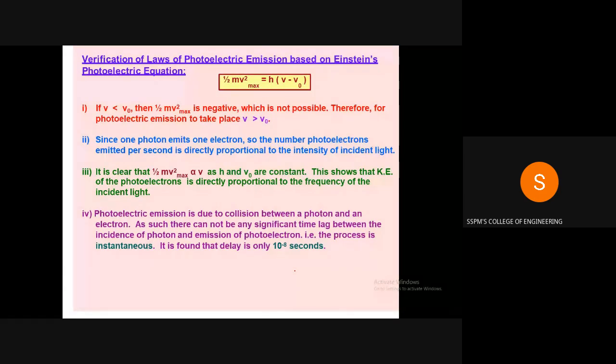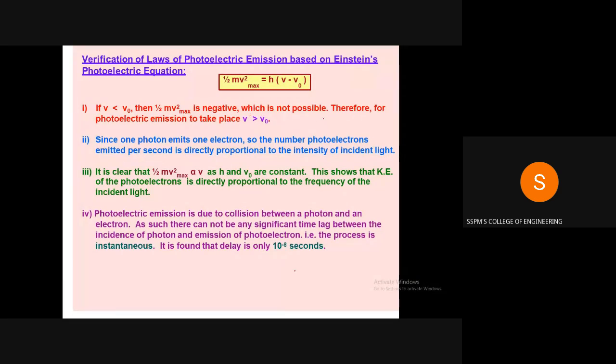The next one, verification of laws of photoelectric emission based on Einstein's photoelectric equation. Just now we said half mv square equals h into nu minus nu 0. If nu is less than nu 0, if the frequency of the incident photons is less than the threshold frequency, then half mv square maximum is negative, so no photoelectric current is observed.